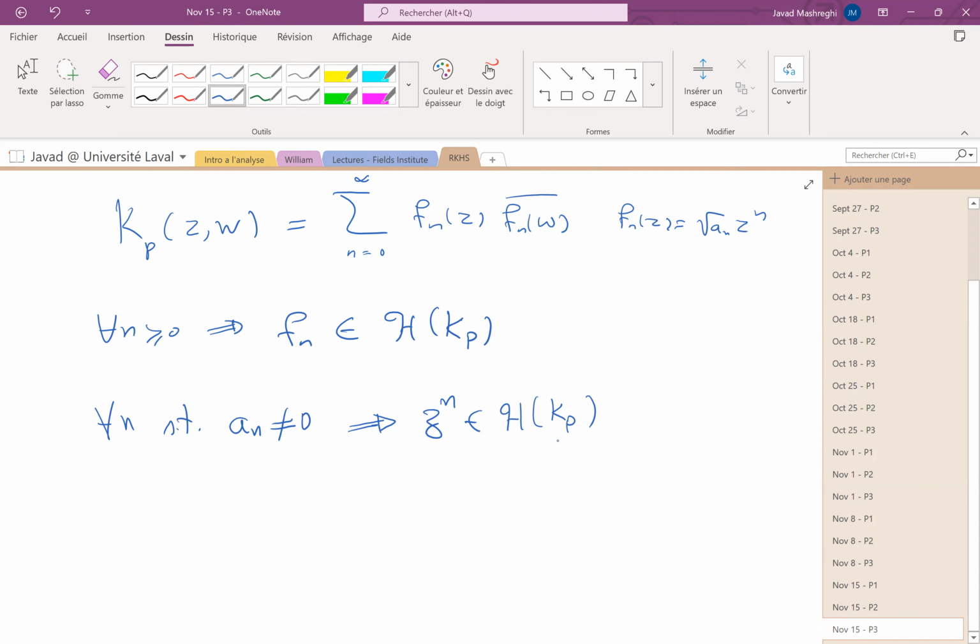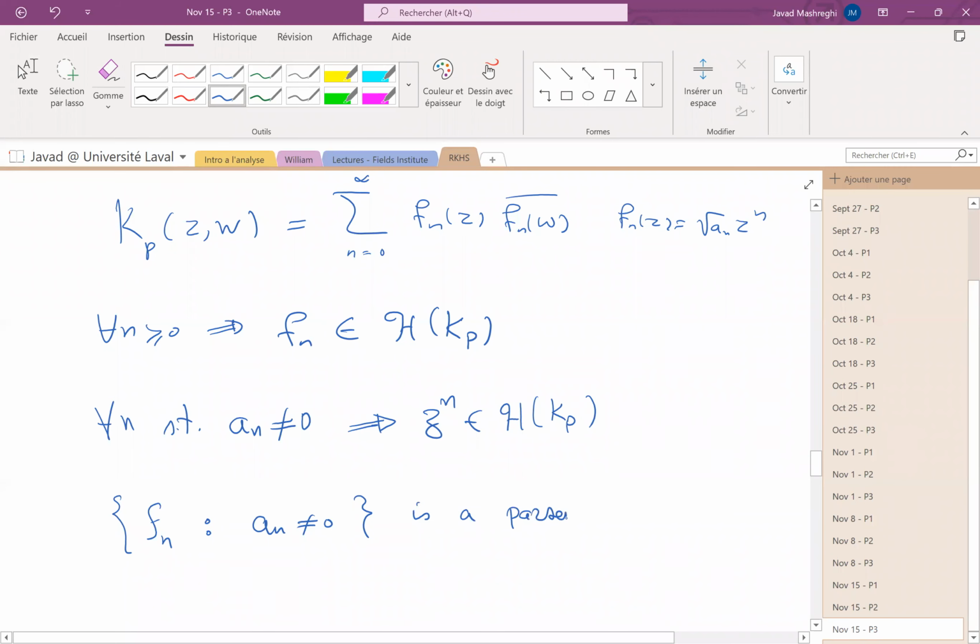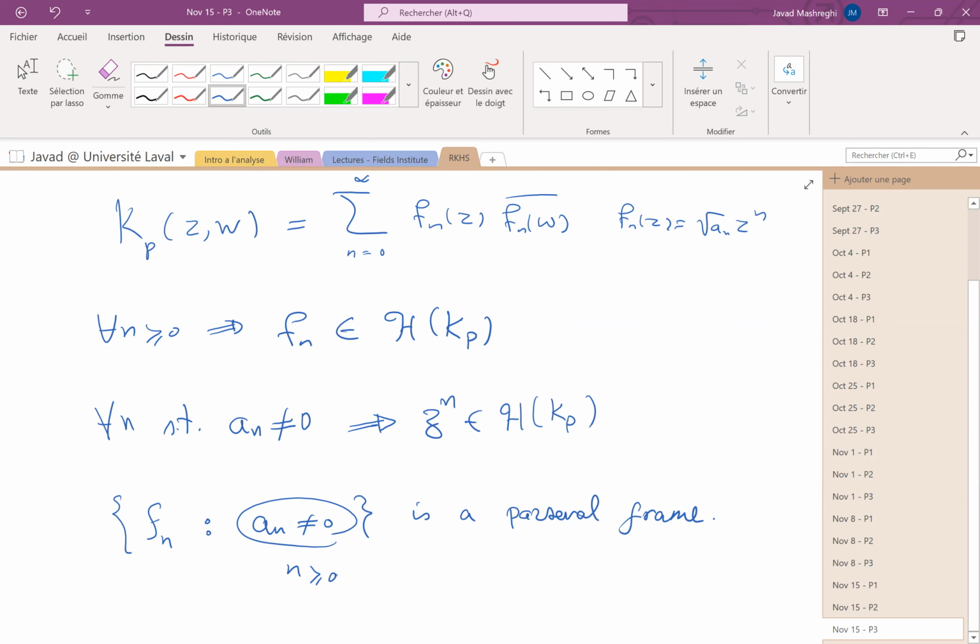And also the set of fn such that an is not equal to 0, this set is a Parseval frame. If I remove this and write n bigger than or equal to 0, still it is true, but it is not that useful because you can put the elements which are 0 away.